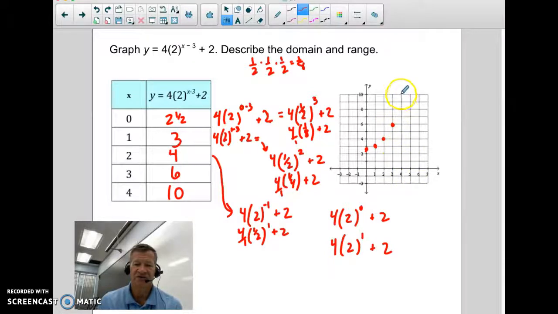Now you notice it's going away from the x-axis again, but you notice this time, because I added 2, it's not leveling off at 0, it's going to level off at 2. This plus 2 actually moves the graph up a little bit. So this graph is going to look like this. It's going to come through here, and it's going to level off.